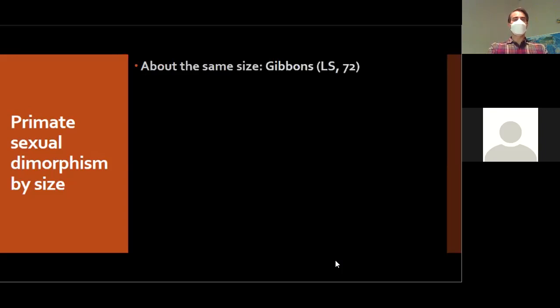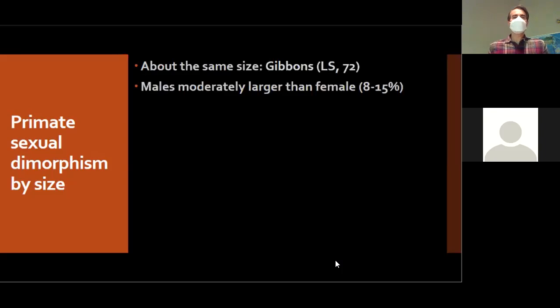There are some species of primates in which the males are somewhat larger than the females, but not that much, maybe 8, 10, 15% larger on average at the extreme. Does anybody know any primate species in which the males are on average a little bit larger than females?